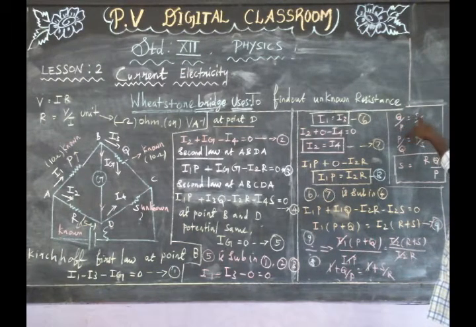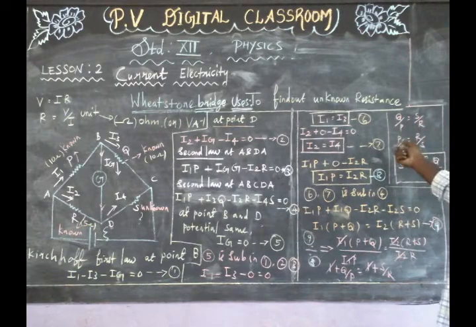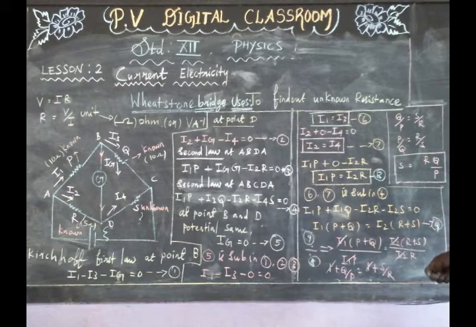Q by P is equal to S by R. Reciprocal, P by Q is equal to R by S. Cross multiply, S equals RQ by P. This is the unknown resistance. Wheatstone bridge is used to find out unknown resistance in an electric network.